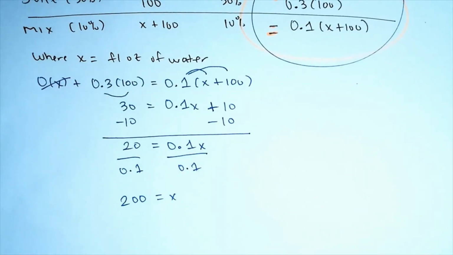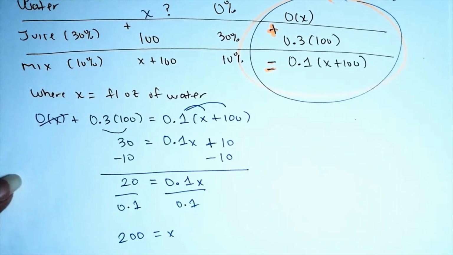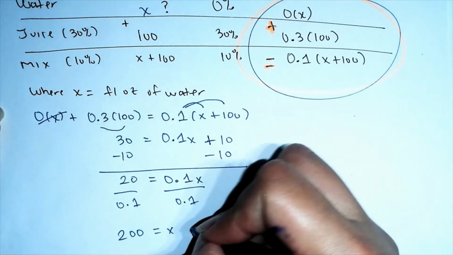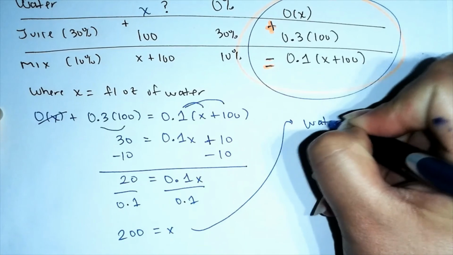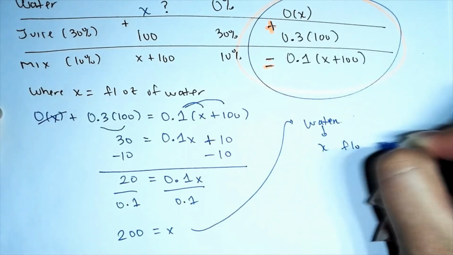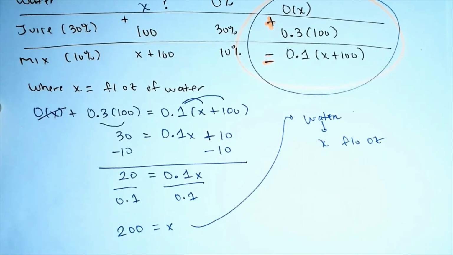That's just how I do math. So the question is, how much pure water do we need? I'm trying to project everything. We need X fluid ounces of the water. Okay, let me go ahead and write it down. So for the water, we need X fluid ounces. Okay, and then X is 200.